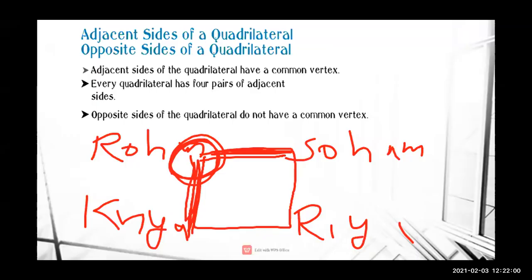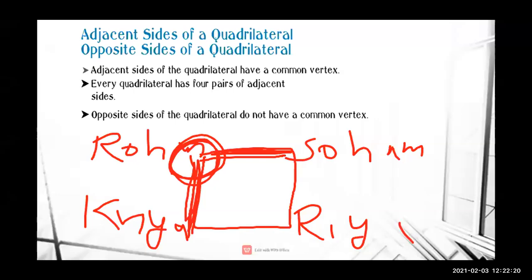So Rohan and Soham, Rohan and Kriya, these two are our adjacent sides.